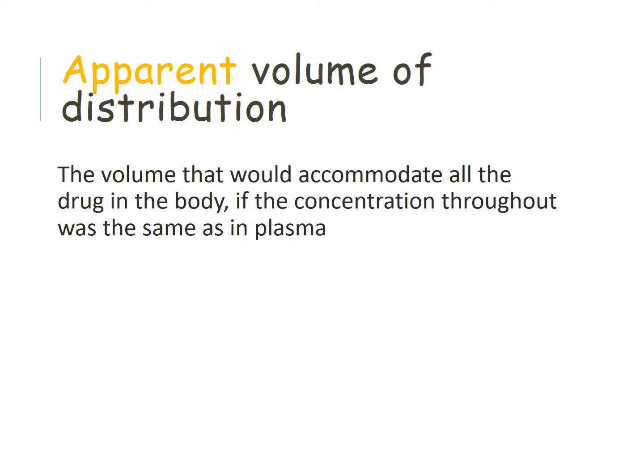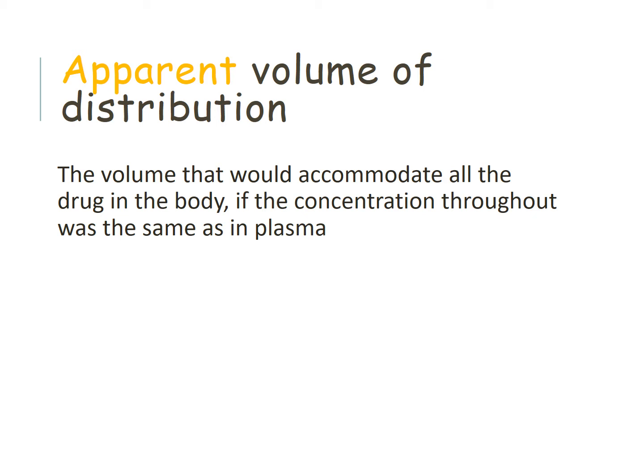Actually, our system is a multiple phase system or multi-compartment system. A normal human being or normal organism will have a multi-compartment system. But for finding the volume of distribution, we consider the body as a single unit.